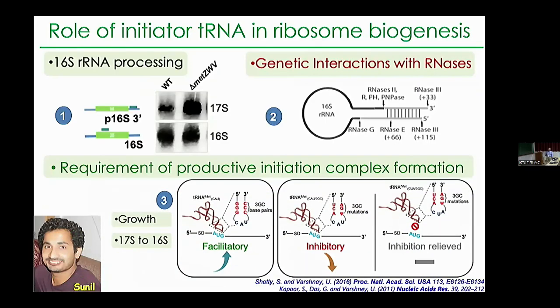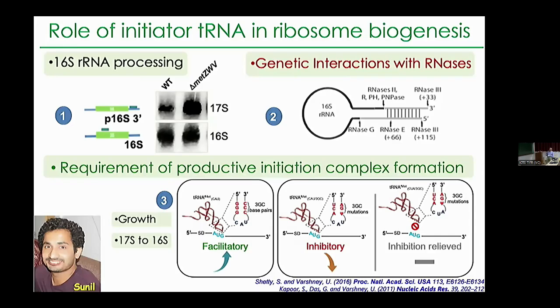And yet another experiment that he did, he used a situation where he was using the wild type tRNA and, of course, the start codon, which is in this case AUG. This will be normal growth. Now, if in this particular bacteria, rather than taking wild type tRNA, he produces this 3GC mutant, it will not initiate because the 3GC mutation doesn't allow it.